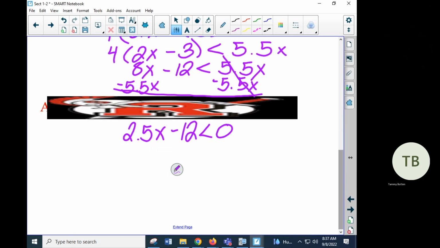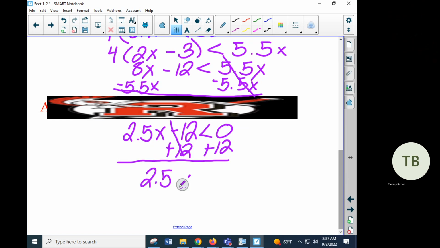So now I have my x where I want it, so I have to bring that 12 over, so I'd add 12. So I get 2.5x is less than 12, and then divide by 2.5. Okay. So yeah, that's kind of yucky when you have just one x here. You'd still bring that over, but then you'd have to bring your constant back.